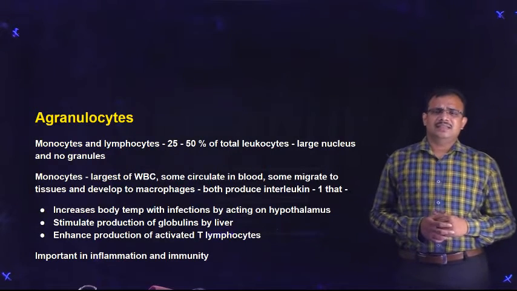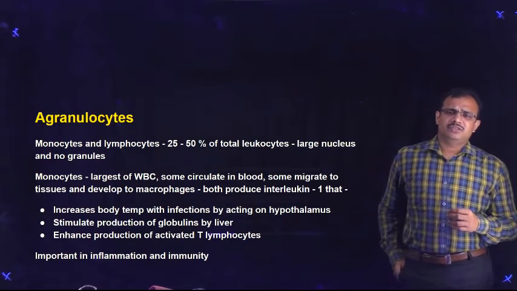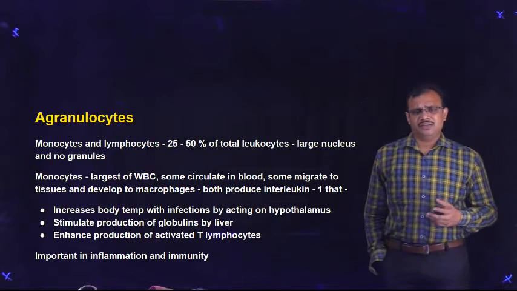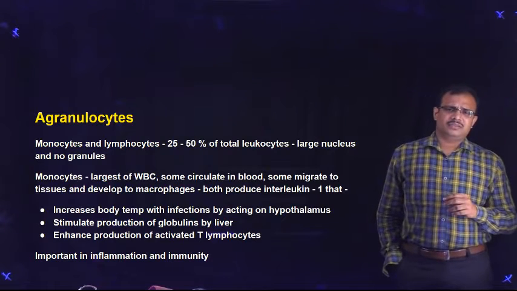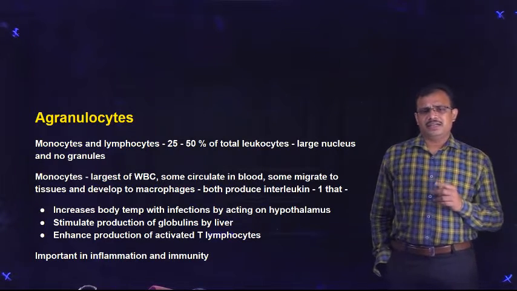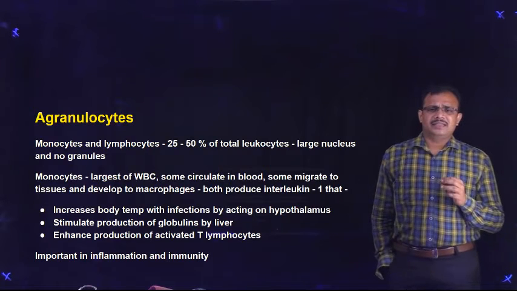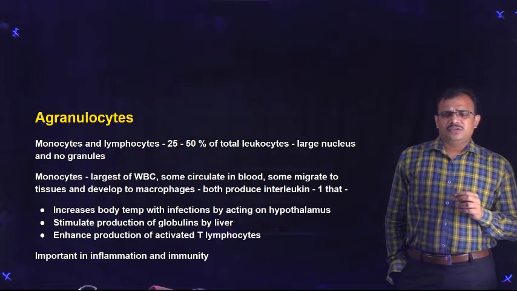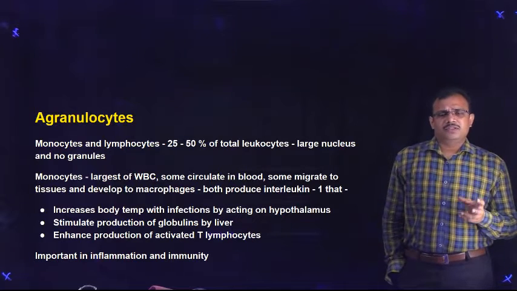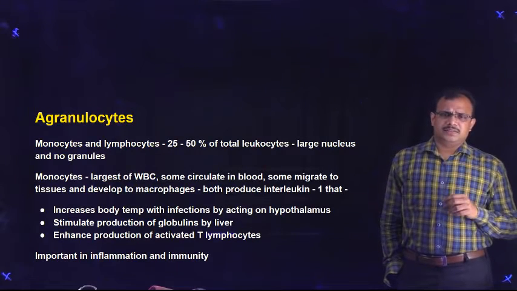Agranulocytes, in the sense, are the cells which do not have any granules in their cell, and these agranulocytes are once again of two different types. They are monocytes and lymphocytes, and they constitute about 25 to 50% of the total leukocytes.